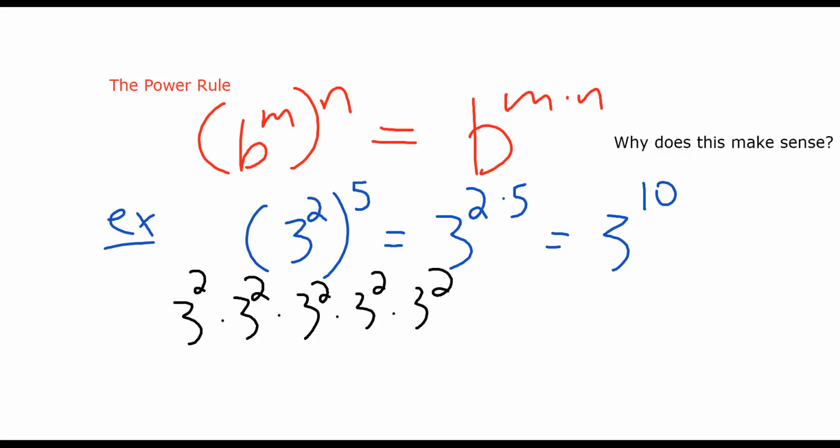Now that it's written like this, we can see that we're just taking the base of 3 and using the previous product rule, we're adding 2 up here 5 total times.